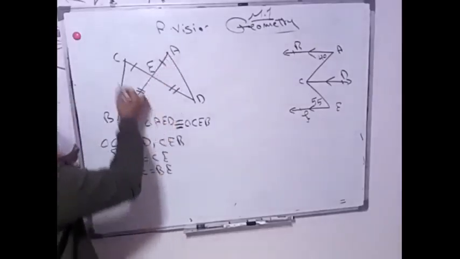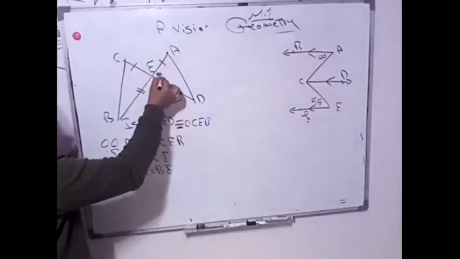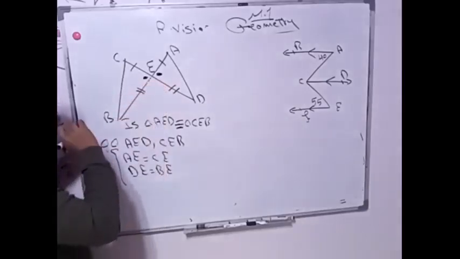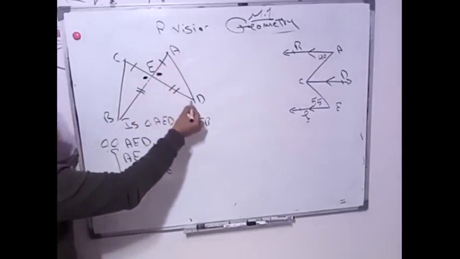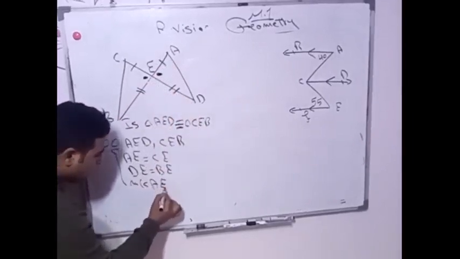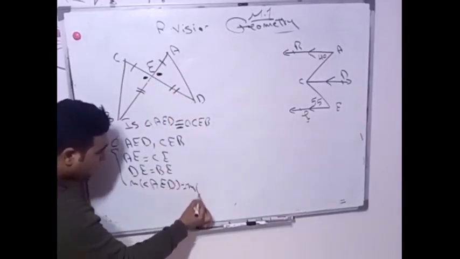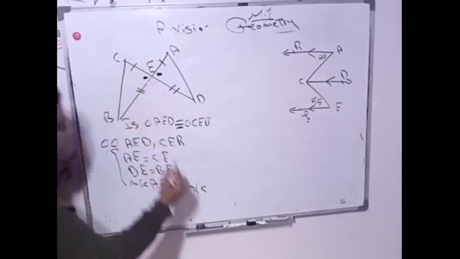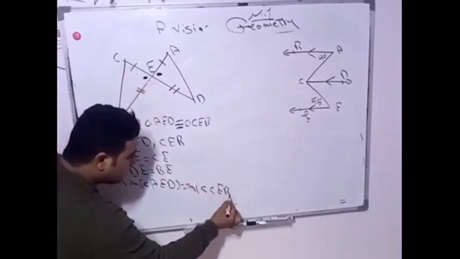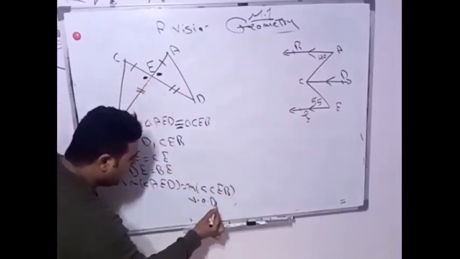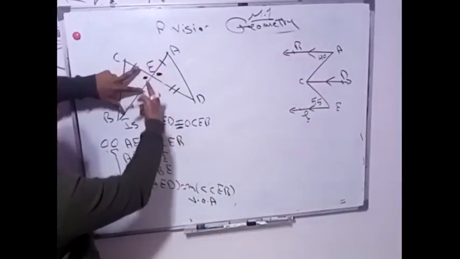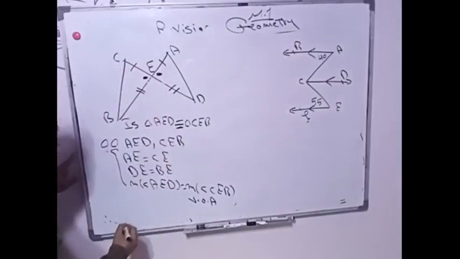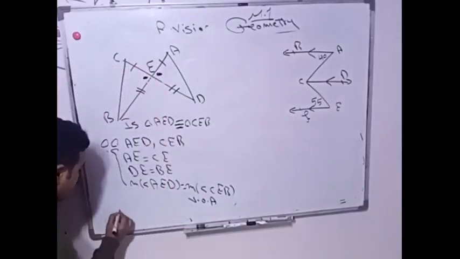And we have two straight lines intersecting, so two vertical opposite angles equal in measure: measure angle AED equals measure angle CEB, VOA. So we have two sides and the included angle.